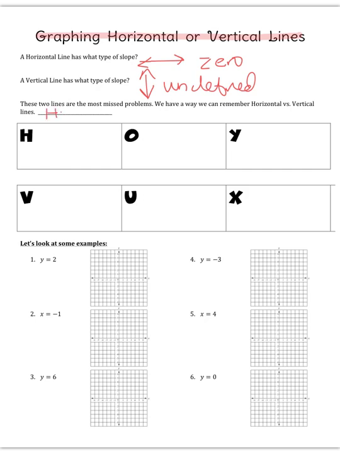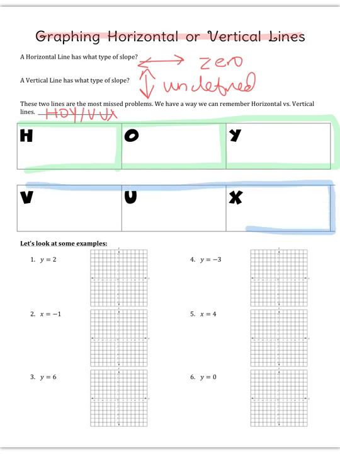How I remember them is using the words HOY or VUX. If it's a horizontal line, it's going to be a HOY line. If it's a vertical line, it's going to be a VUX line. So I want you to go ahead and highlight these boxes, and I'm going to do HOY in one color, and VUX in another color, so it stands out a bit.